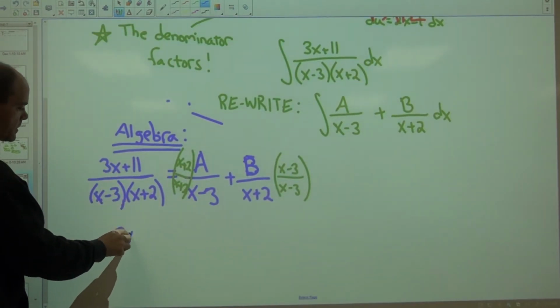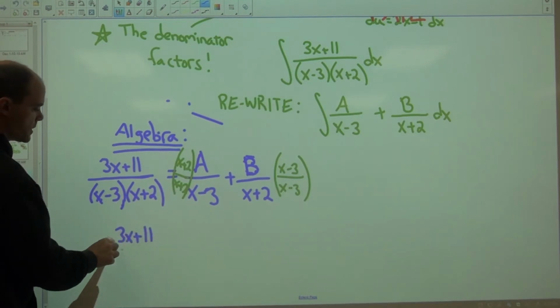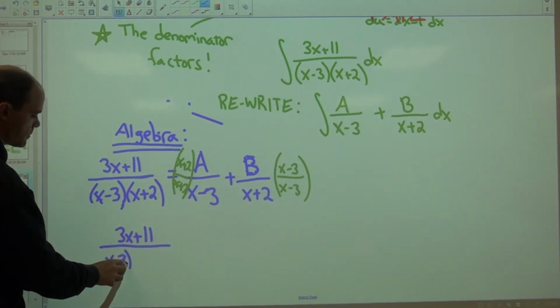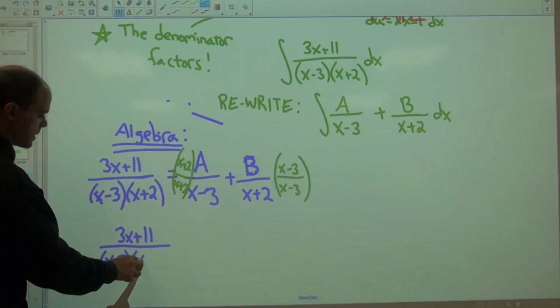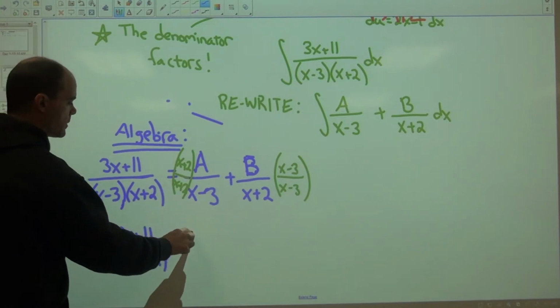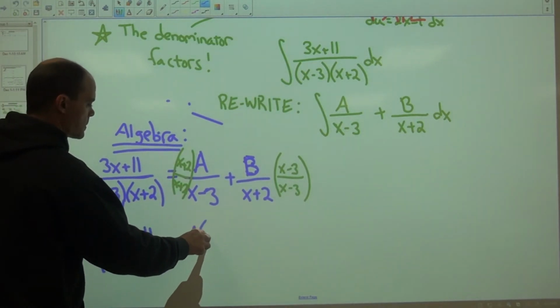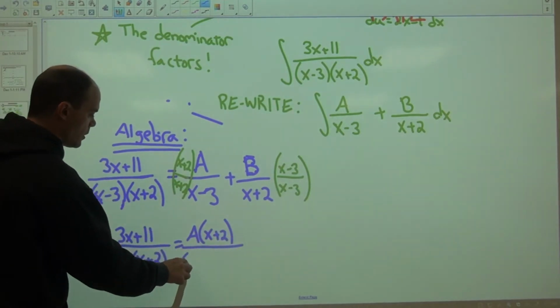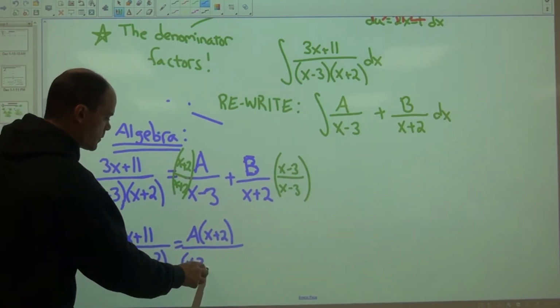By the way, most of this you guys will skip in your head once we've gone through this once. So 3x plus 11 equals, now we have A times x plus 2 all over our common denominator.